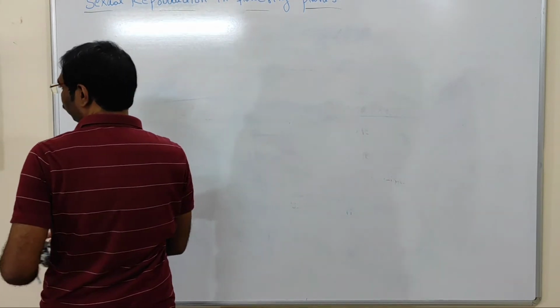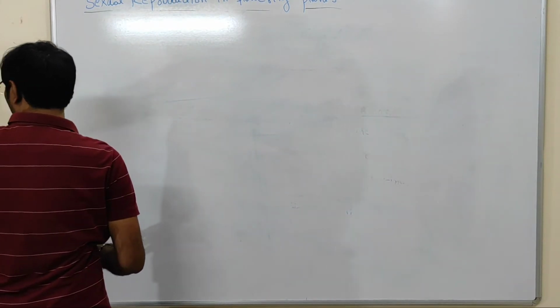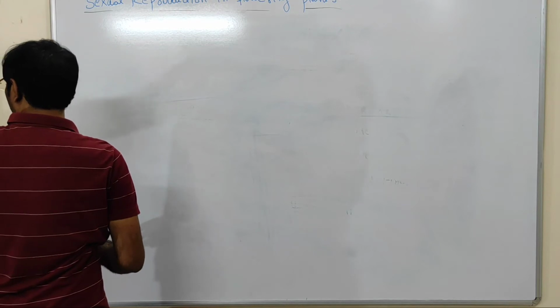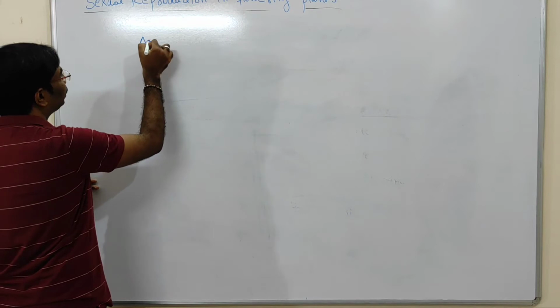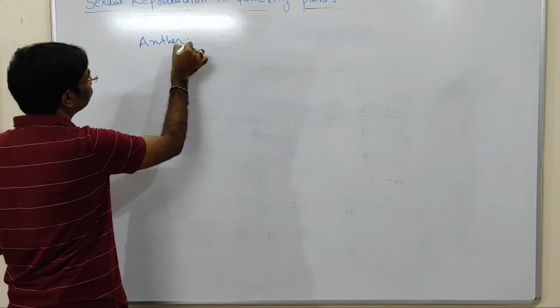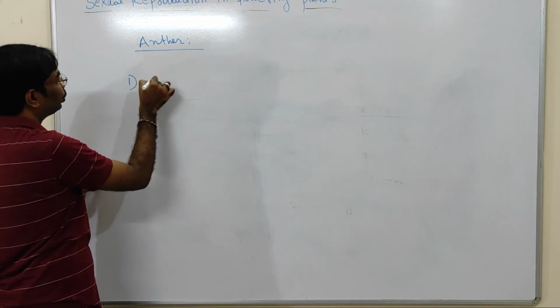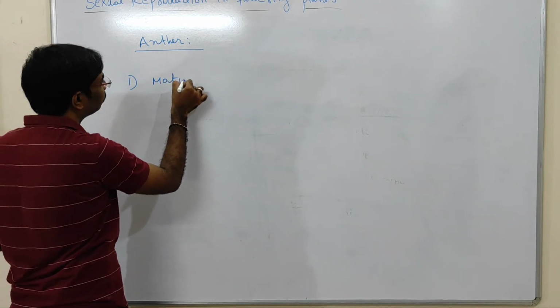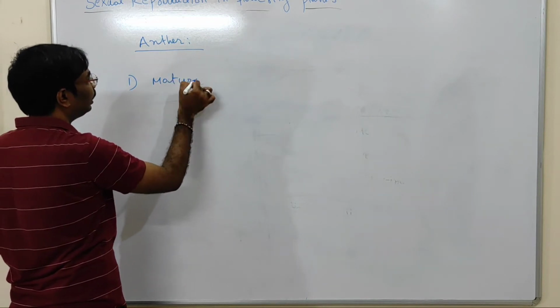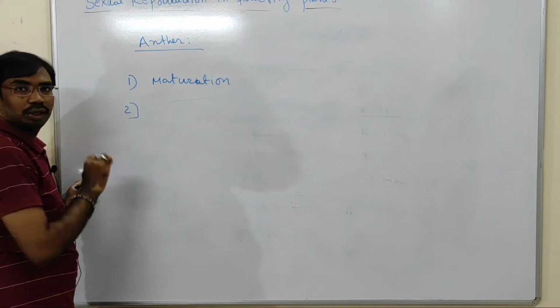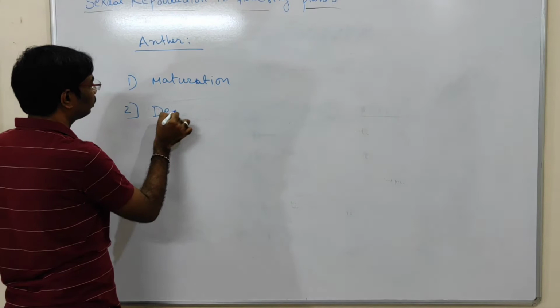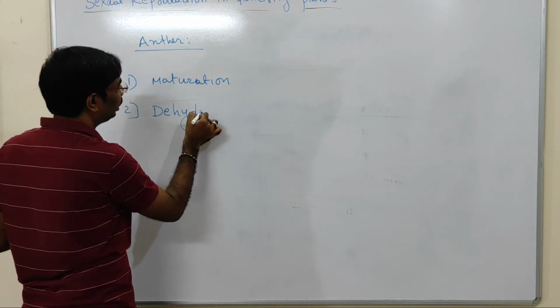After formation of the microspore tetrad or pollen grain tetrad, after some time, what happens to the anther? First the anther matures. Maturation of the anther is followed by dehydration.